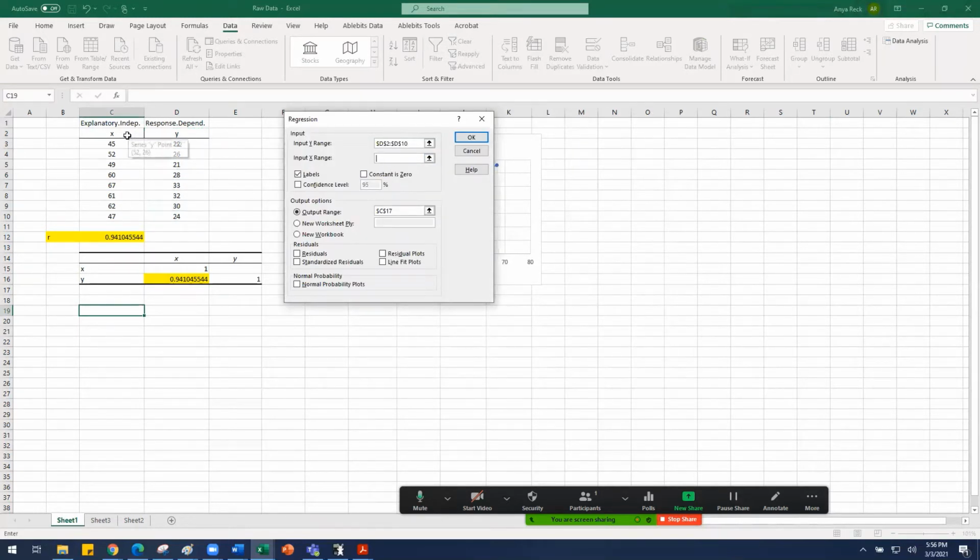Input X range is the X column. If you highlighted and included the titles of your columns, make sure you check mark labels. You want to select where you want the data to go as your results. So I want the results to go here in this cell. Click OK.